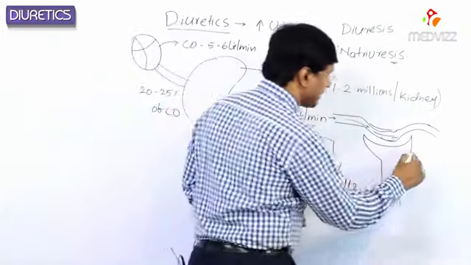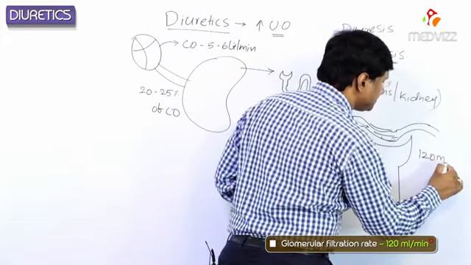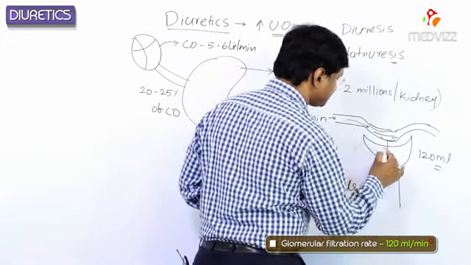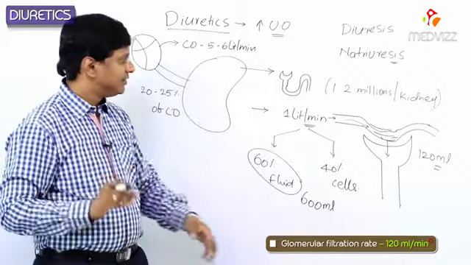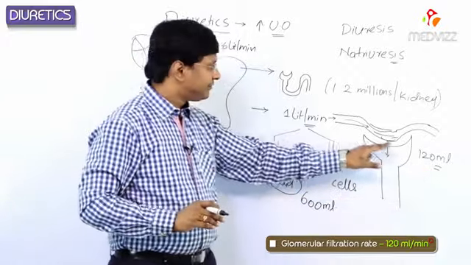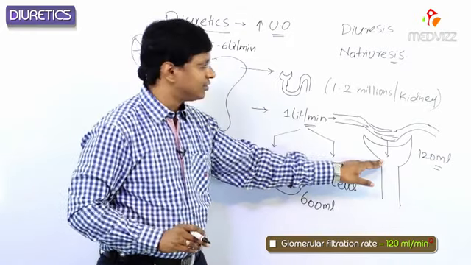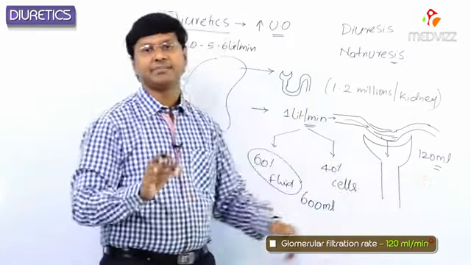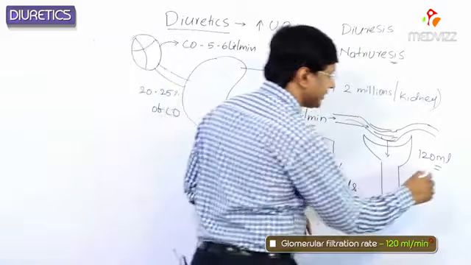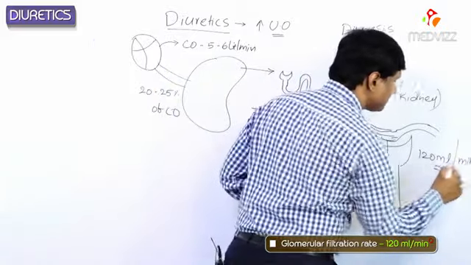It is around 120 ml. The fluid filtered from the glomerulus to the Bowman's capsule is nearly around 120 ml per minute.